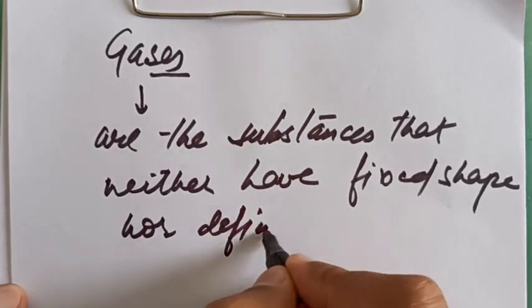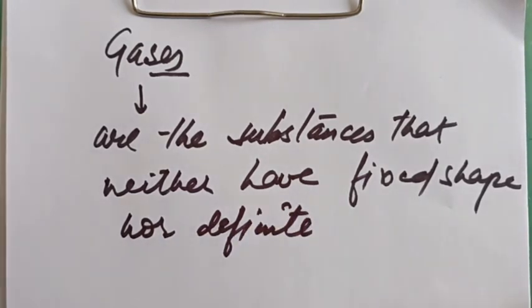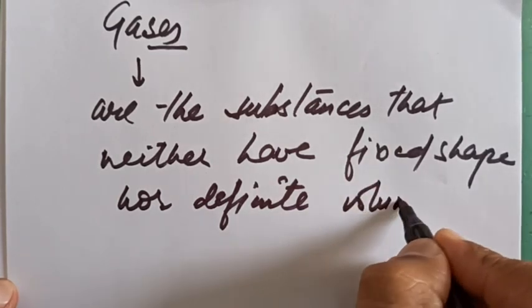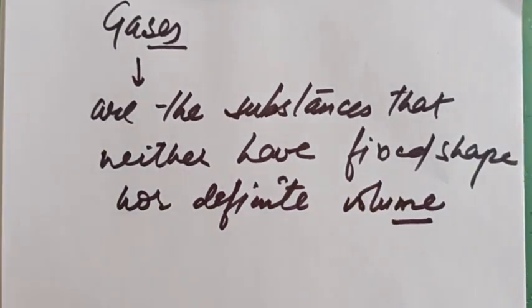You can use the word definite or fixed, any one of these two as you like. Those which have neither a fixed shape nor a volume are known as gases.